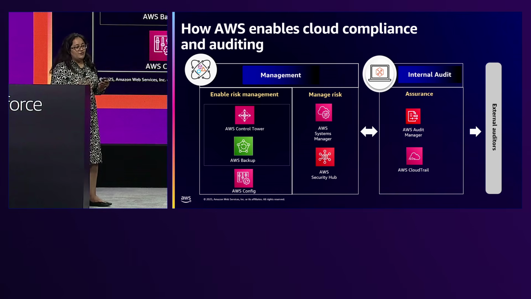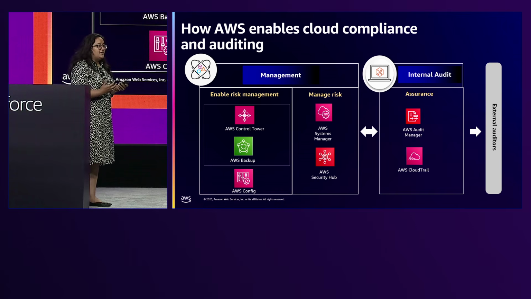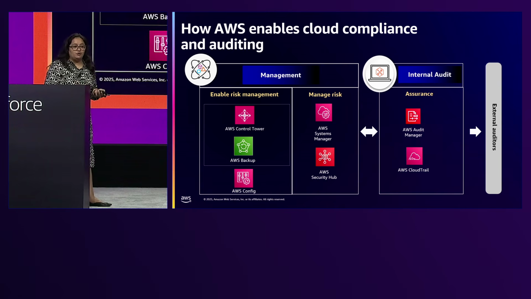We've built the stakeholders, we've built the responsibilities. Now we go into AWS and see what the different AWS services are that can align to these three lines of defense and help me enable compliance and audit within AWS. And you could think of more services that fit in over here, but some of the services that we would be talking about today are on this slide.